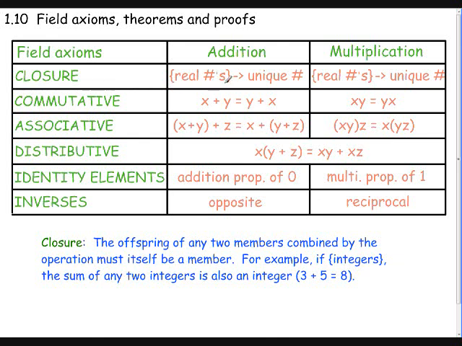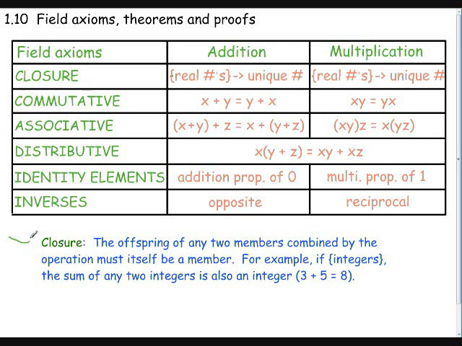In addition, what closure is, if we look at the set, when you see these curly brackets, you want to think of the word set. When we look at the set of all real numbers, if we add any two real numbers, we will get a unique number.